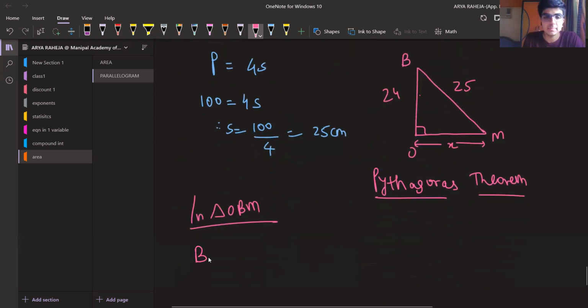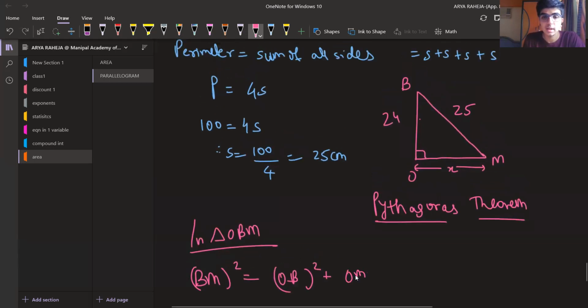So BM square is equal to OB ka square plus OM ka square. Correct? The square of the hypotenuse is equal to the sum of the squares of the remaining two sides.